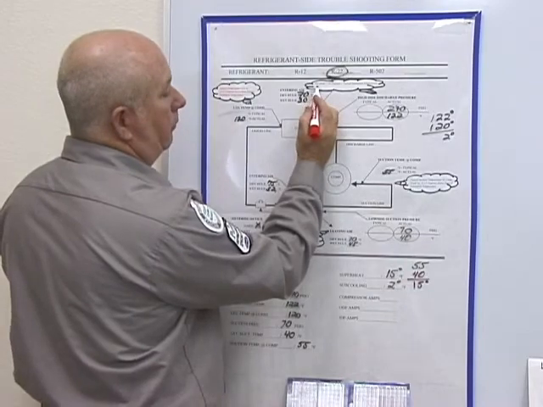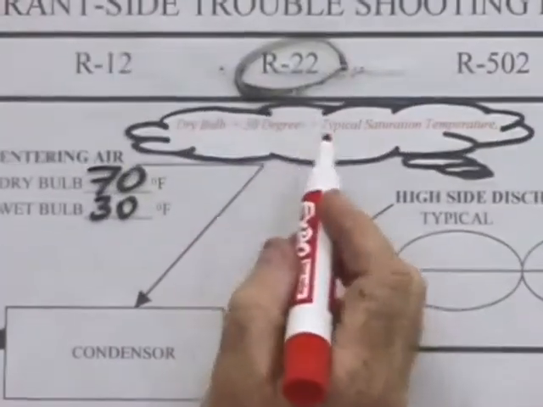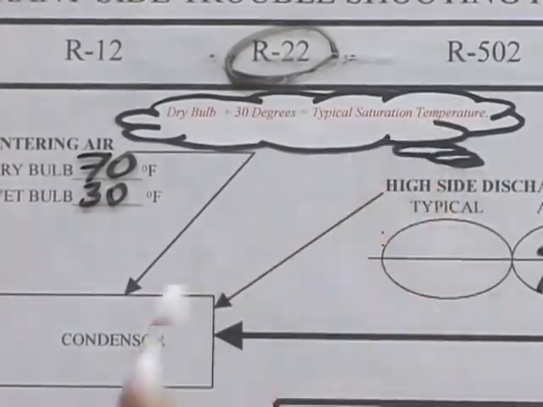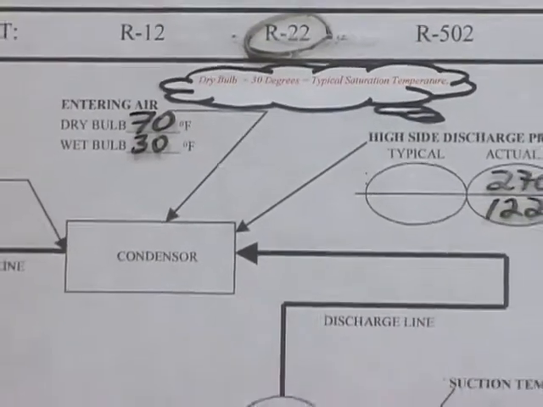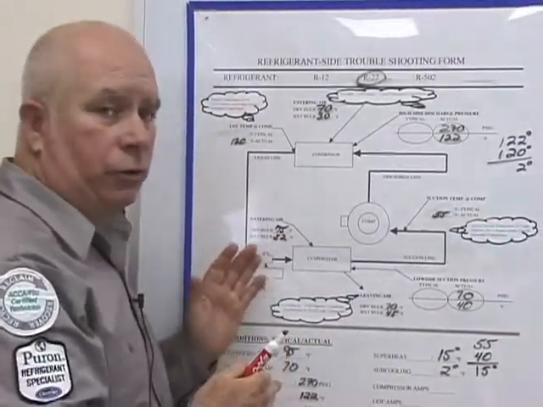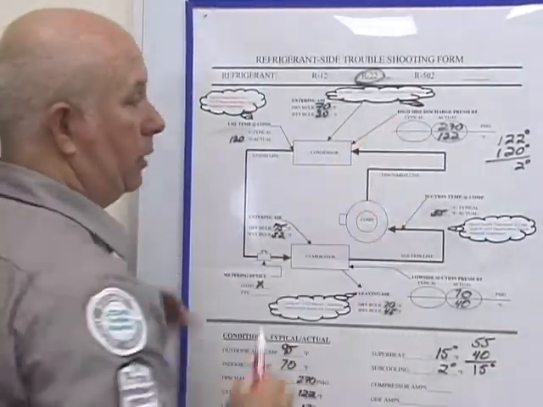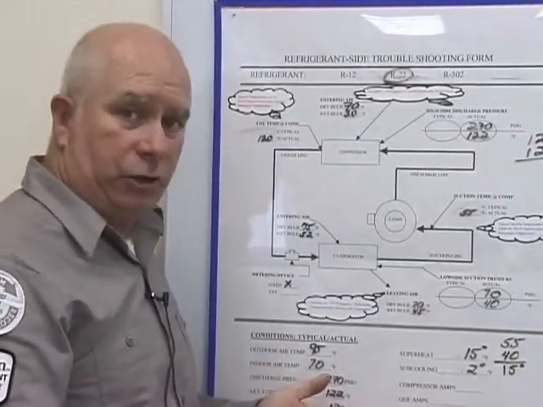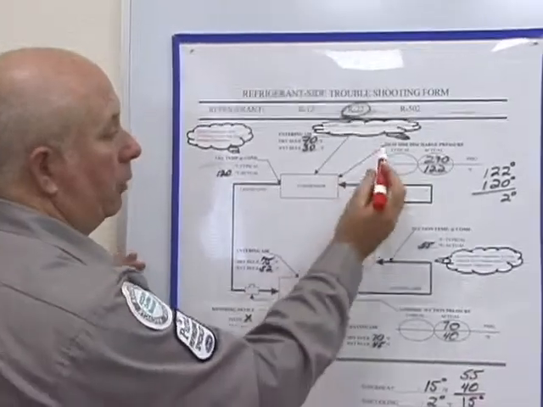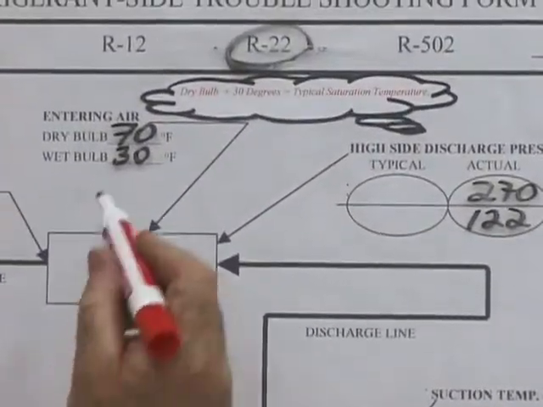But up here, the dry bulb plus 30 degrees equals typical saturation temperature. Now do you understand why we all need to be on the same terminology? Because I'm going to be using this terminology, and if you don't understand what typical saturation temperature is, or saturation temperature, we have a problem. So at this point, you need to know what all those terms mean.